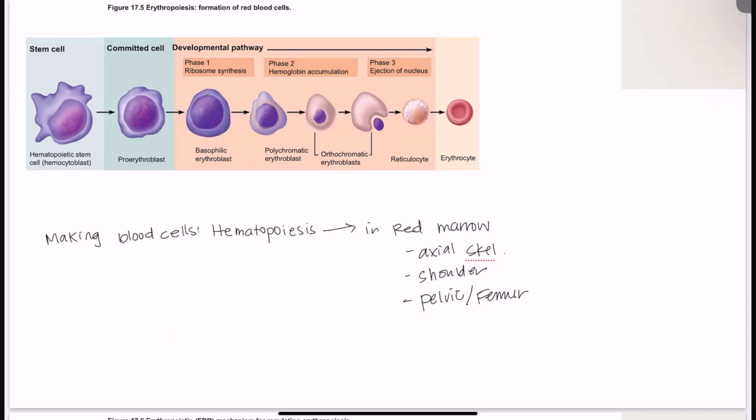So the red marrow makes the blood cells, and then the blood cells enter the blood through what are called blood sinusoids. Those are extra leaky capillaries that have big holes in them so that new blood cells can enter the bloodstream. If you want to know more about sinusoids and what kind of capillaries those are, check out the blood vessels videos.